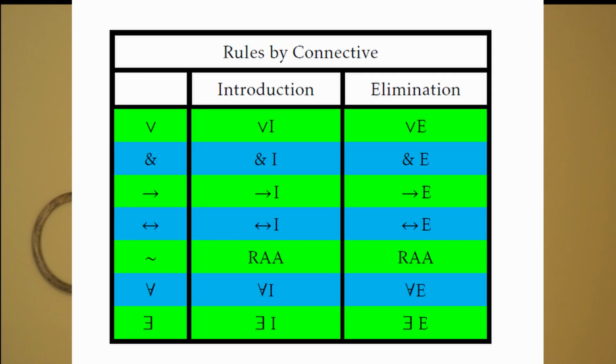Some rules, though, have such familiar forms and go by other names that we're going to use that instead. One of those would be arrow elimination, but we are going to use arrow capital E as our annotation. It's typically called modus ponens. So if you put down MP or modus ponens or something like that, you certainly aren't going to lose credit for using the more common name for the rule.